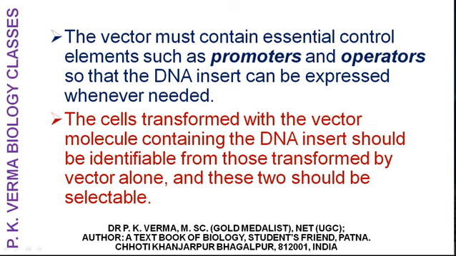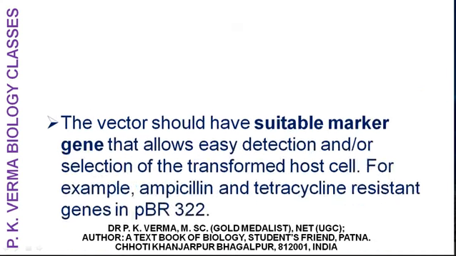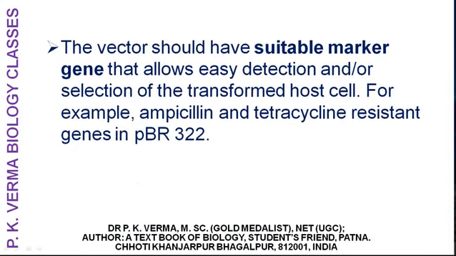So for transformation, a marker should be used. If there is transformation, one particular property is observed. If there is no transformation, another property is observed. So the differentiation of the two bacteria, transformed and non-transformed, can be made easily with the use of a selectable marker. You will see it with an example.